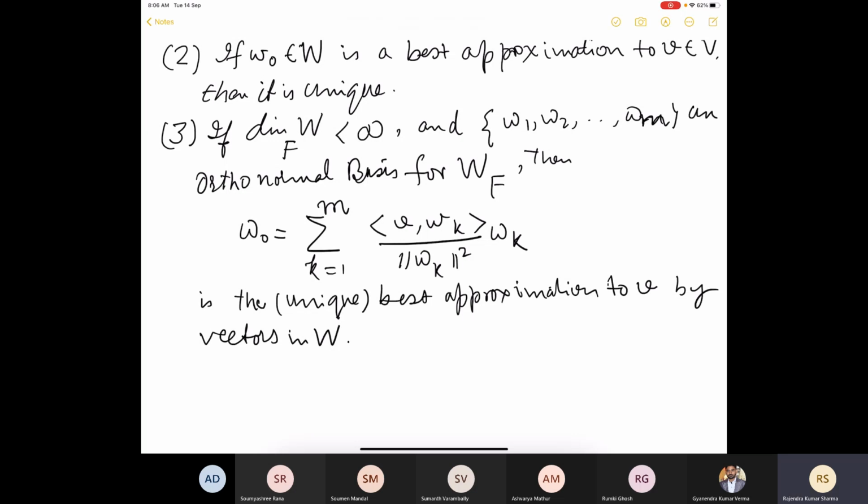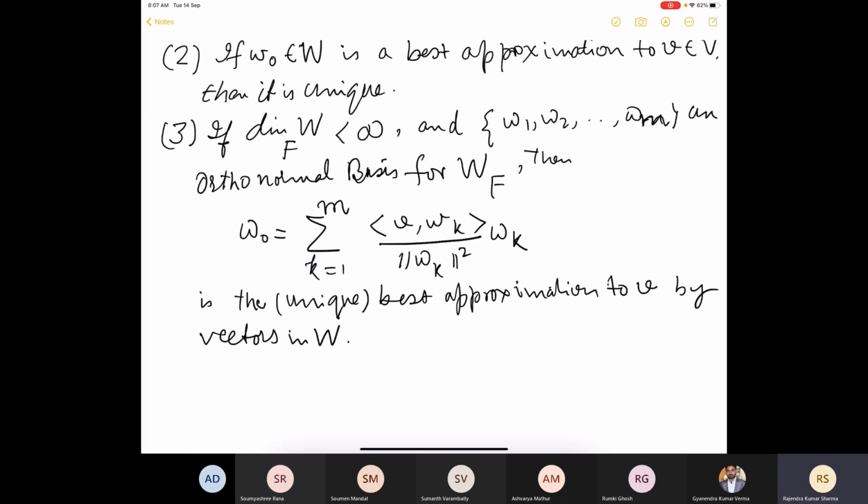So if W is finite dimensional and we have an orthogonal basis for W over F, w1, w2, up to wm, in that case w naught can be explicitly written in terms of the wi's, as the linear combination of alpha k wk, where the coefficient alpha k of wk is the inner product of v with wk divided by the norm of wk squared. Since wk is a basis vector, it is not 0. So the norm of wk is also not 0. So this makes perfect sense.